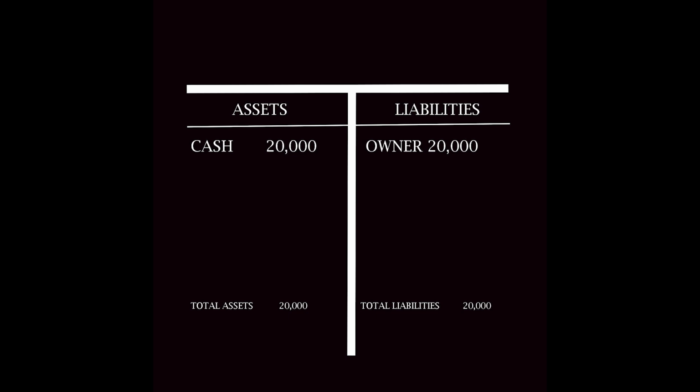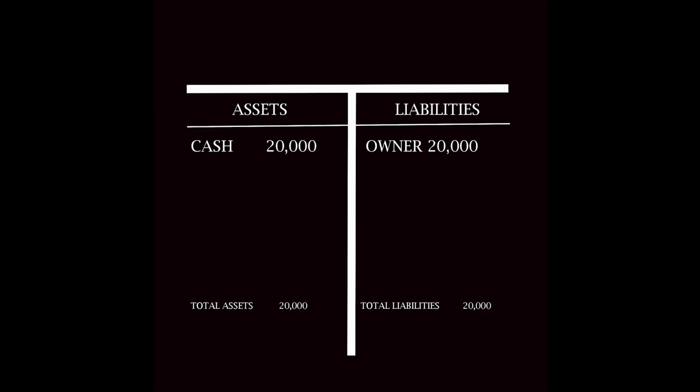And so for our first entry, we're going to assume that you, as the business owner, are investing some of your own money. So in our case, we're going to say you as the business owner are bringing $20,000 into the business. And so we're going to enter that on the assets side of the balance sheet.